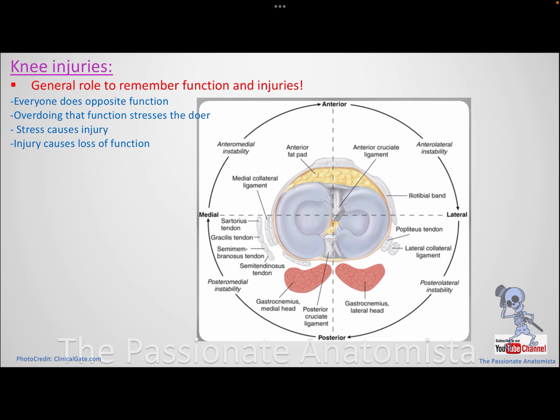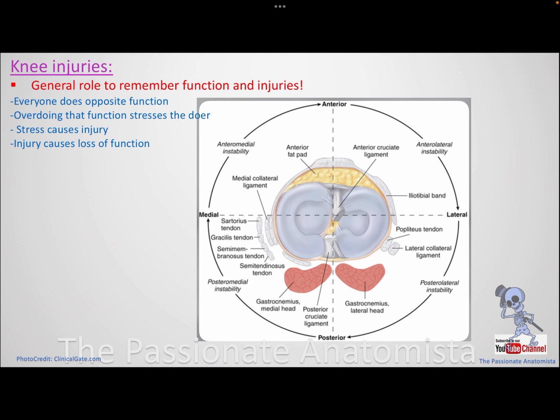All right, guys? Now, we need to talk about the knee injuries. Before you think about the knee injuries, I just want you to think that each ligament is going to oppose the function of the other side.